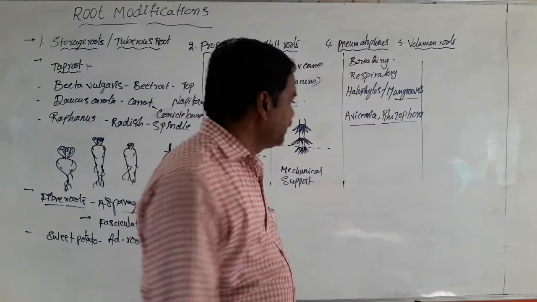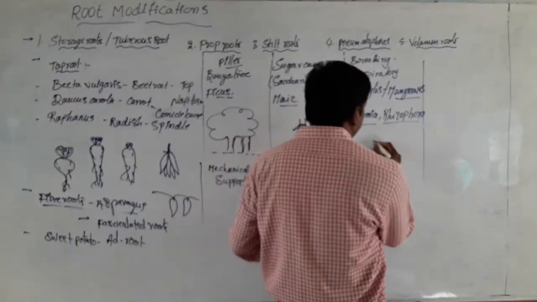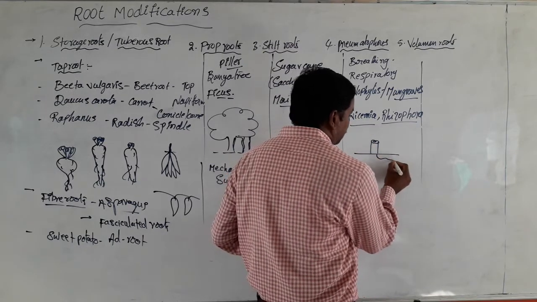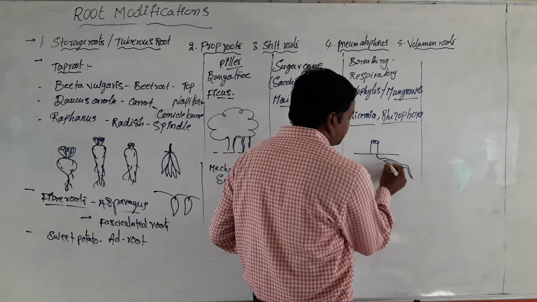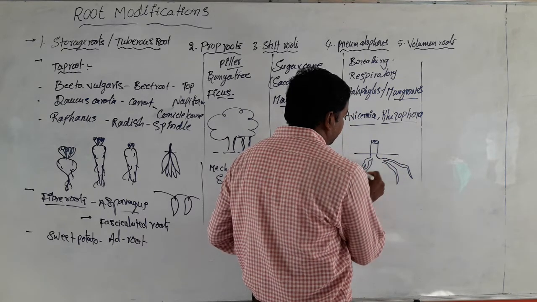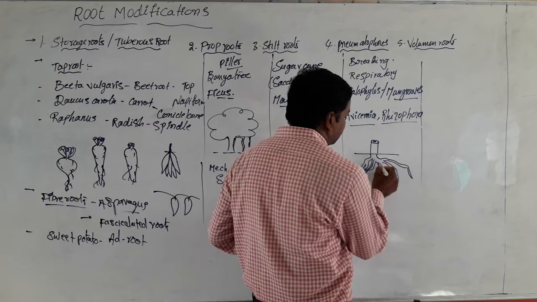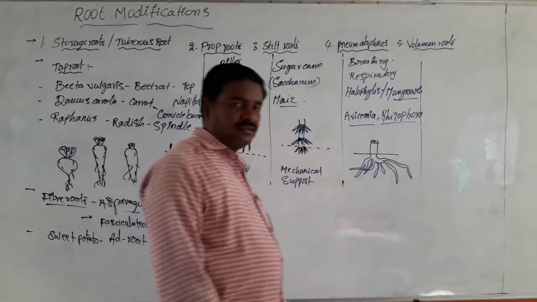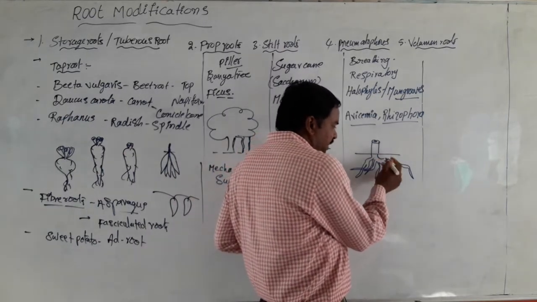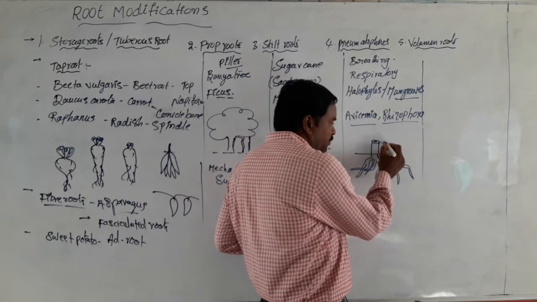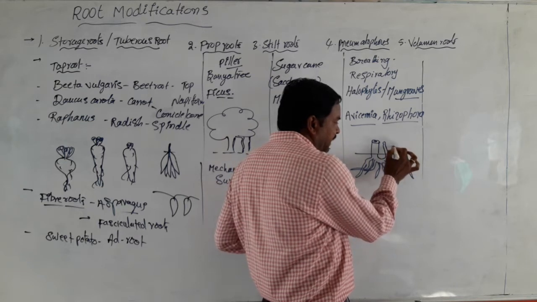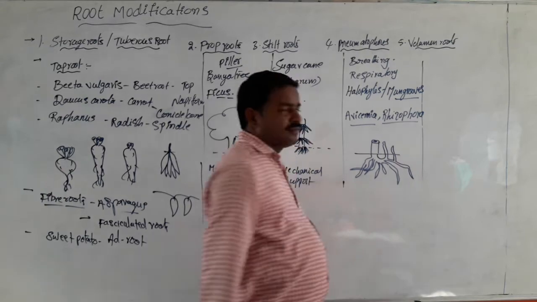So here, for example, this is the ground surface and this is the stem, and these are the root systems present in the soil. Some of the branches which develop from underground roots come out of the ground like this.